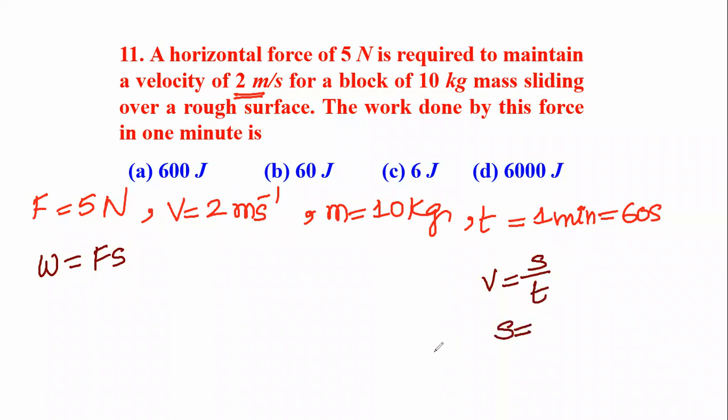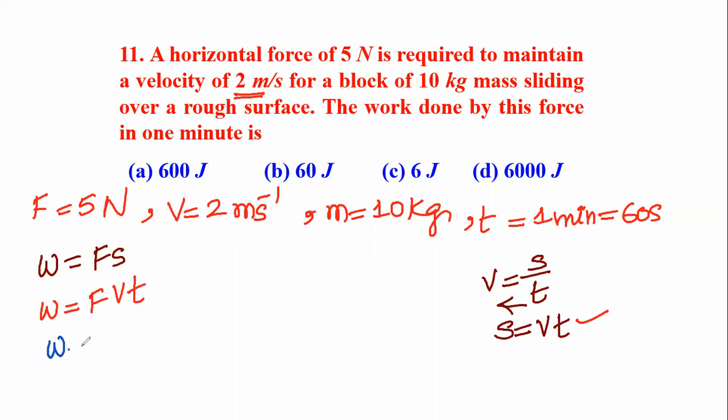As they didn't give the displacement, on bringing the time period to the left side, displacement is equal to velocity into time. Therefore, work done W is equal to F into S, and in place of displacement we write Vt. F into Vt, right?